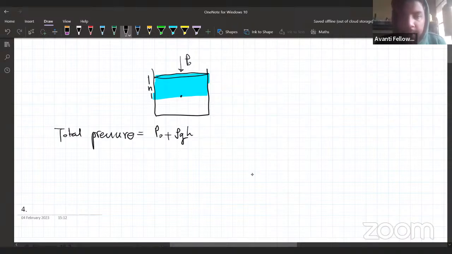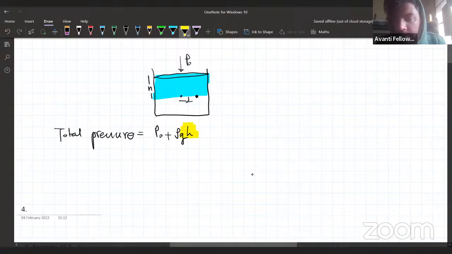What if I want to calculate the pressure at an adjacent point, same height but slightly on the right, at a distance d? Then this pressure will also be the same. For the same level, the change in pressure only depends on the height.